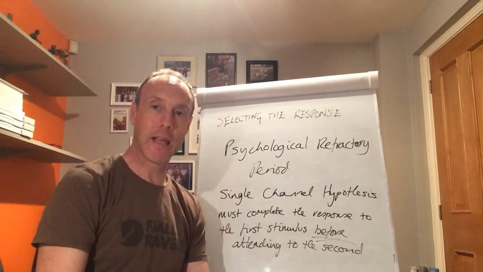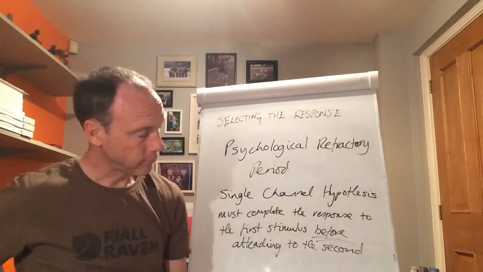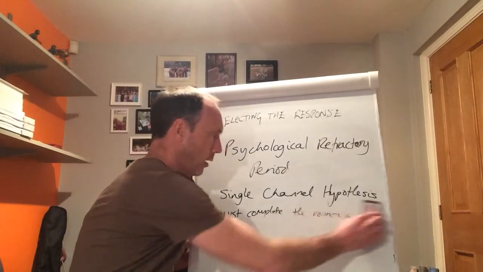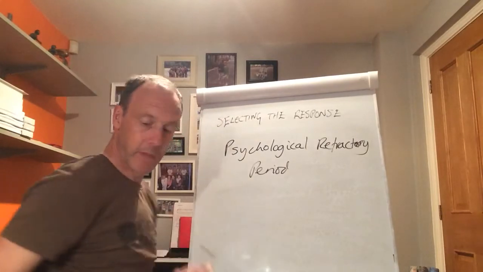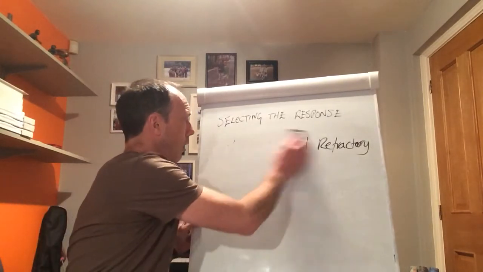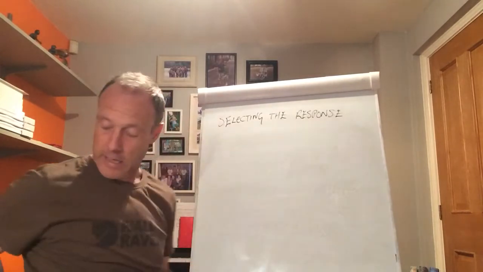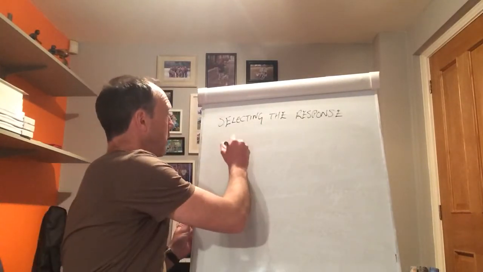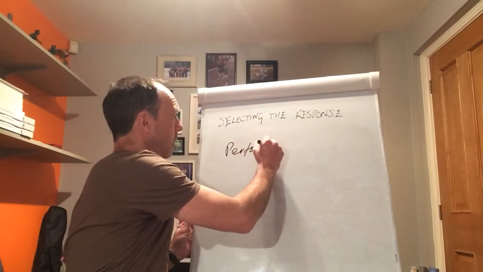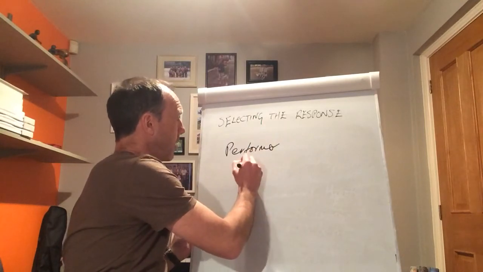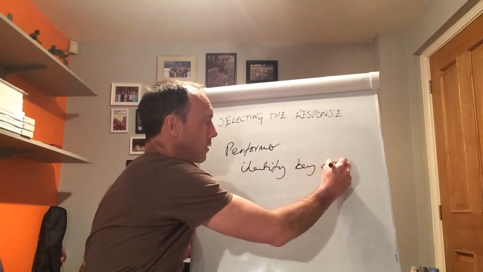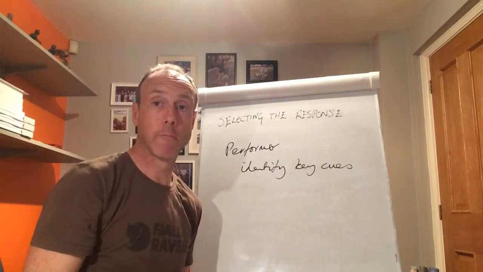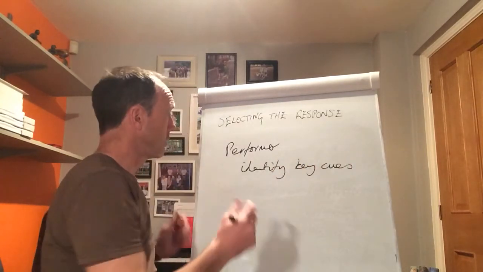So if we take it back again, what's going to happen? Well, from the terms of the performer, the performer has got to attempt to identify key cues, because that's what anticipation is all about, identifying the key cues.